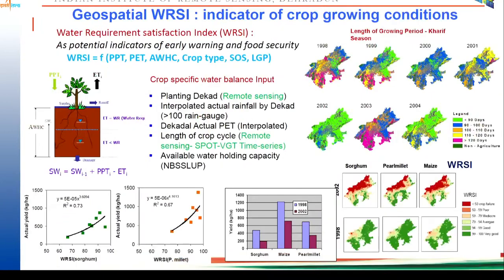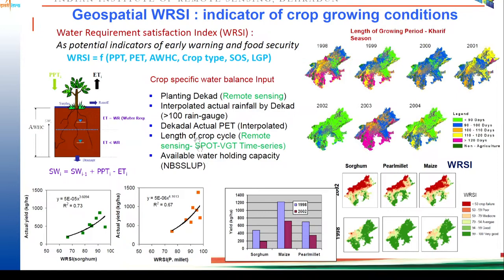Then one can also generate a certain kind of drought food security indicator like the water requirement satisfaction index. With a crop specific water balance model, you can integrate rainfall from satellite, potential evapotranspiration from satellite like INSAT 3D, available water holding capacity, which is a soil based capacity, crop type map, and phenological parameters: start of season and length of growing period.